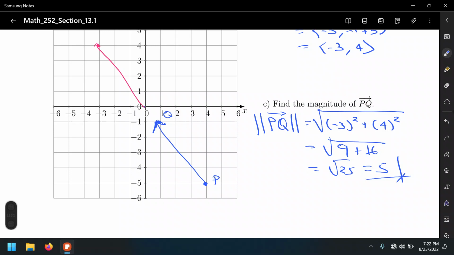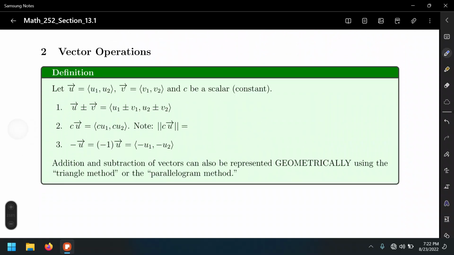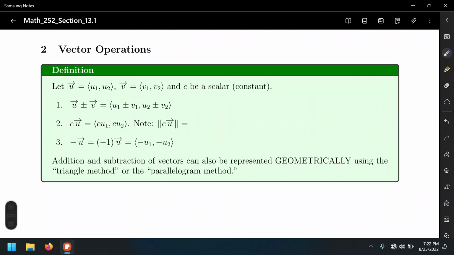Let's see what's next. Just like anything new in mathematics, you learn the definition, what it is, you do some numerical intuition type of thing, and then you do operations with that. Vectors are not the exception, and we have operations with vectors. Just like numbers, we can add vectors, we can subtract vectors, we can multiply a vector by a scalar for now.